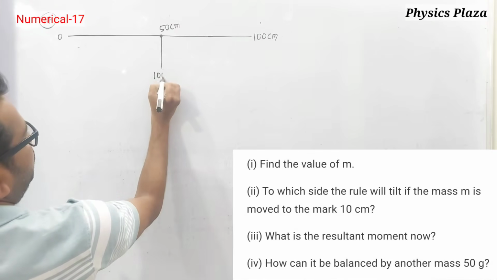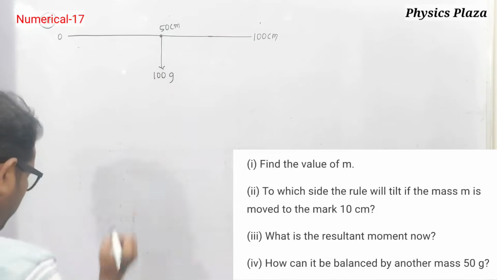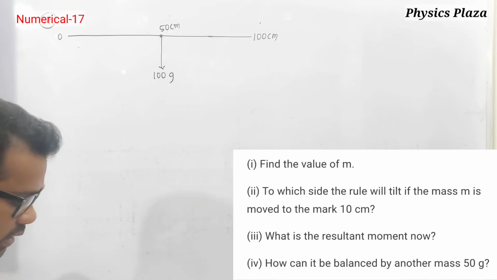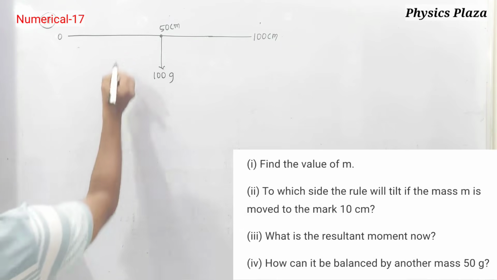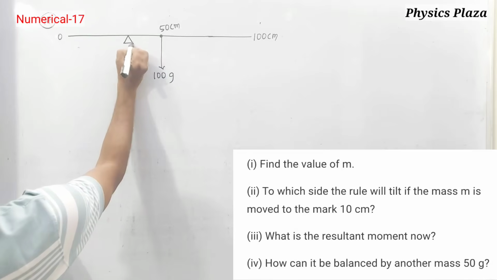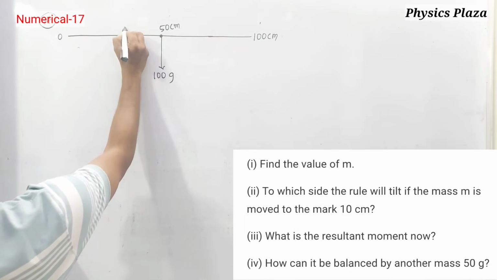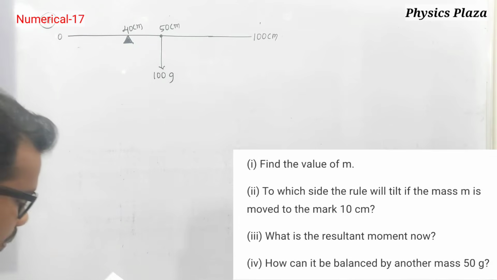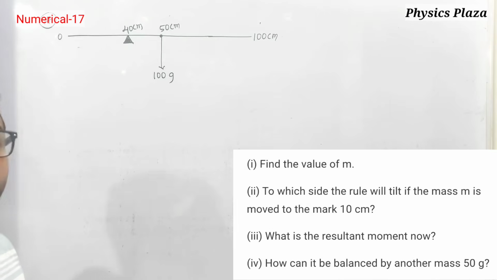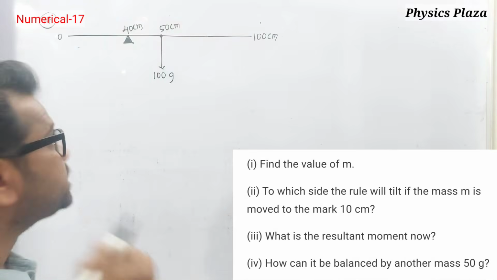How much is it given? 100 grams. That's fine. It is balanced on a fulcrum at the 40 centimeter mark, by suspending an unknown mass small m at the 20 centimeter mark.